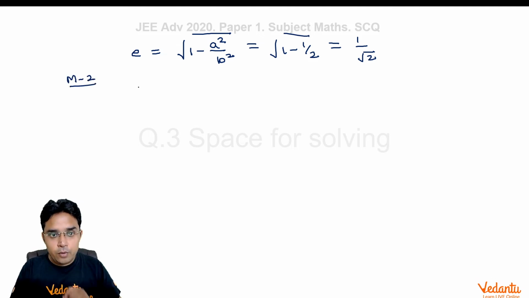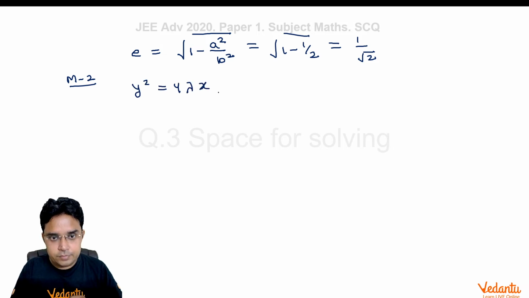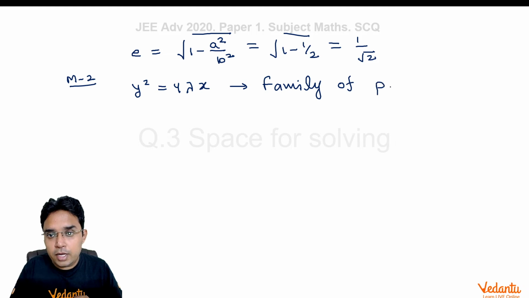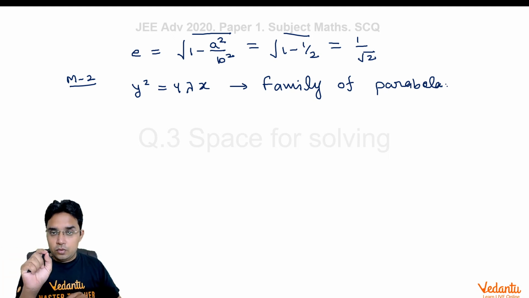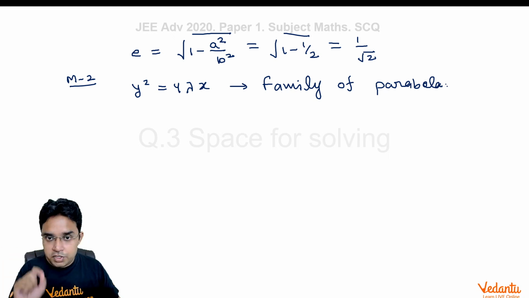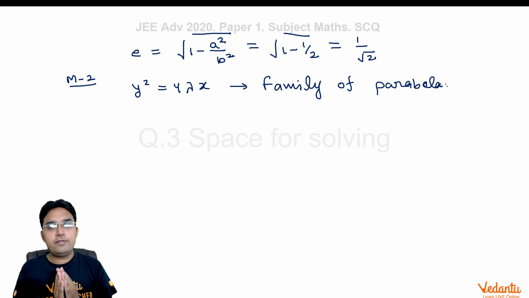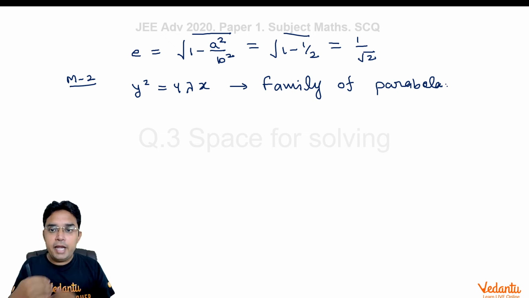We have a parabola y square is equal to 4 lambda x, which can be considered as a family of parabolas. Family of which parabolas? Those having the x-axis as axis and vertex at the origin. So if you change values of lambda, you will get a variety of parabolas. So this represents all those families of parabolas.